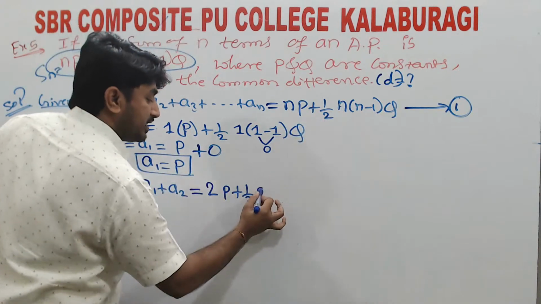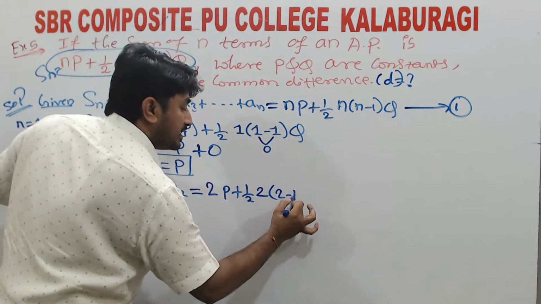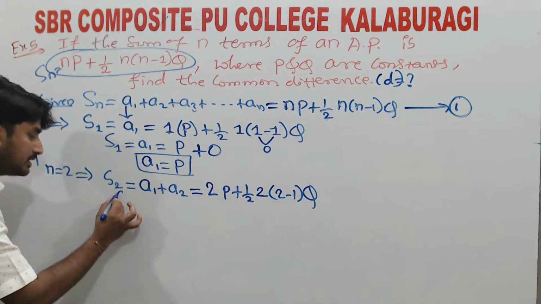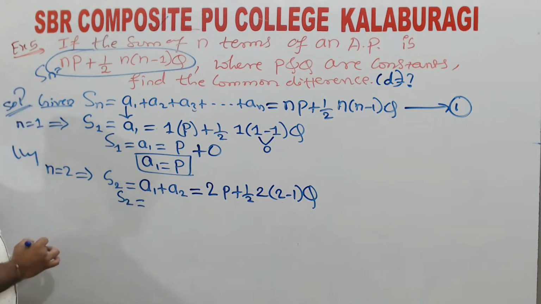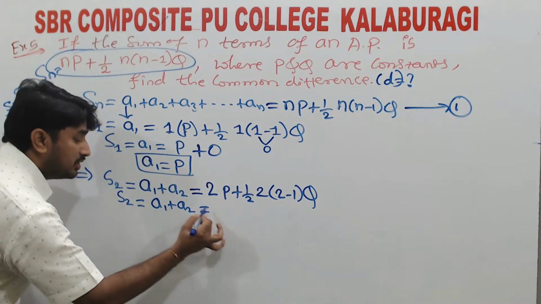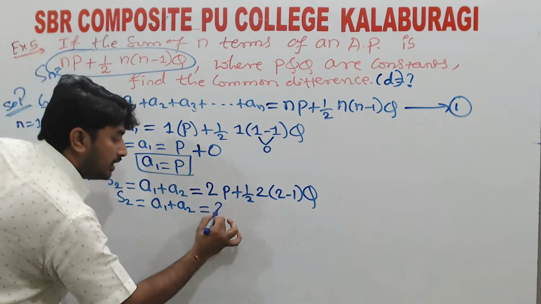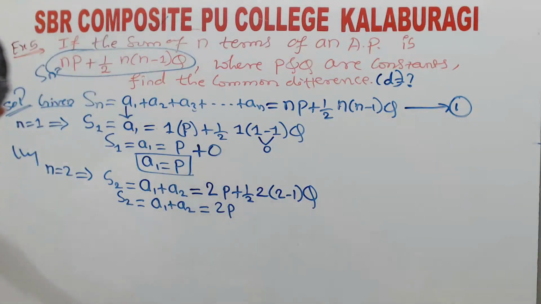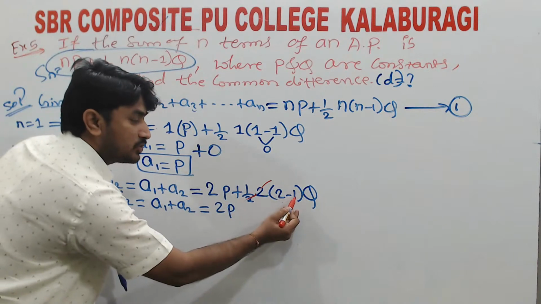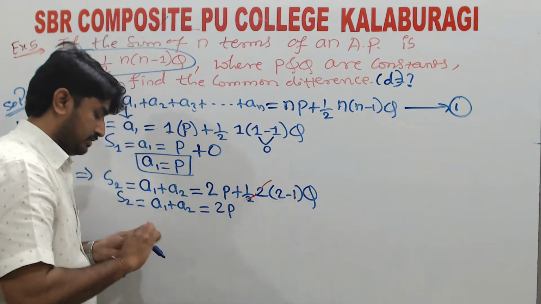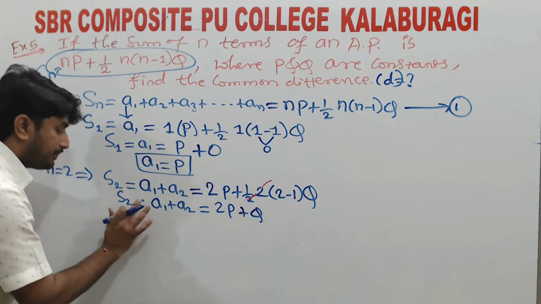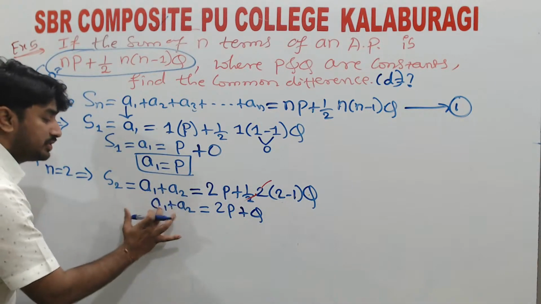Again in place of n I am taking 2, so 2 minus 1 and Q, write Q as it is. Here the sum of two terms, A1 plus A2, is equal to 2P as it is. These two cancel each other. Here 2 minus 1 is 1, 1 into Q is Q.